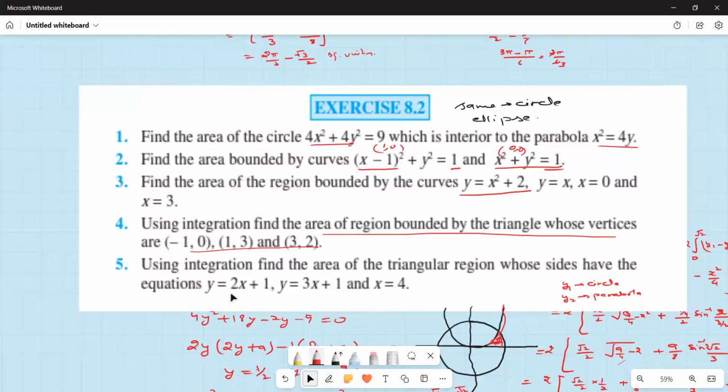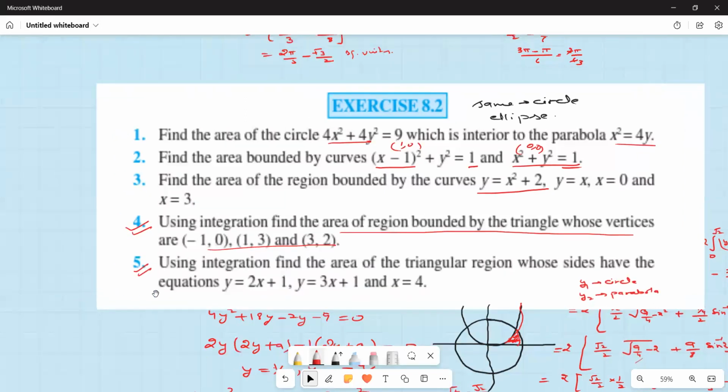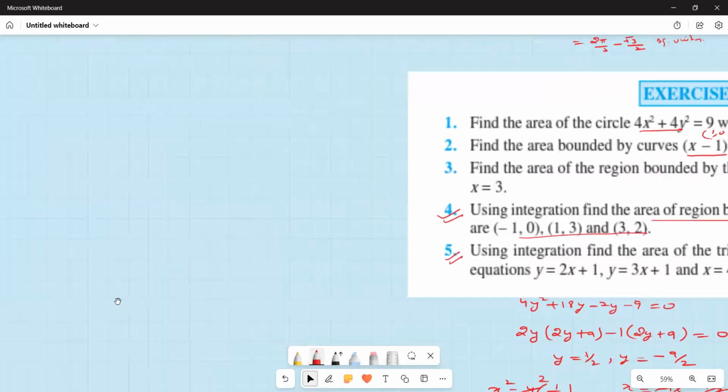Next one is, when the equations are given, then how to solve it. Earlier, these are the points. Here the equations are given. So we need to find out the equation. There is one example of this type also. Do that also.